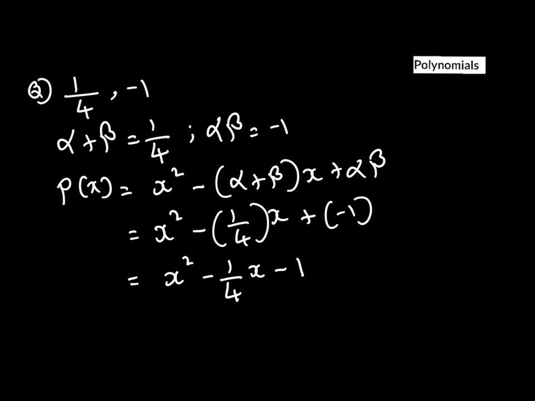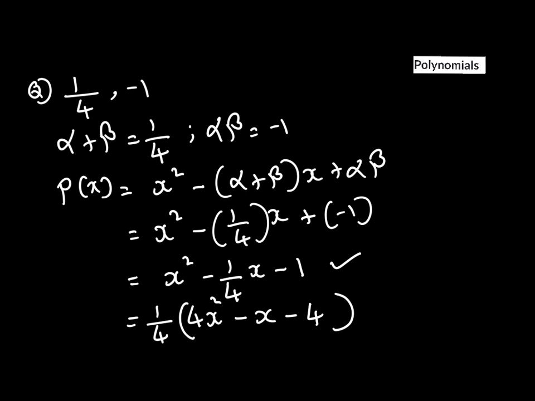But since we have a coefficient as a fraction, let's try to get rid of the fraction. If we remove 1 over 4 as a factor outside, what will remain in the bracket? It's going to be 4x squared minus x minus 4, because if I open the brackets, I'm going to get back this polynomial.